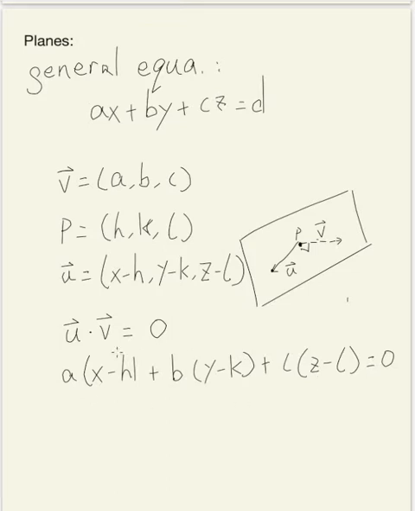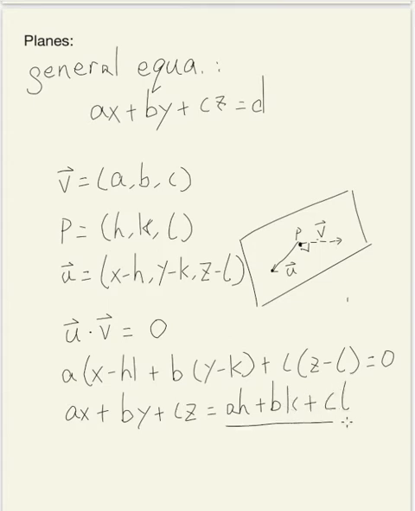That's the dot product of u and v. Now distribute all the multiplications, you get ax minus ah, and so on. I'm going to move that to the right, so we get ax plus by plus cz equals ah plus bk plus cl.